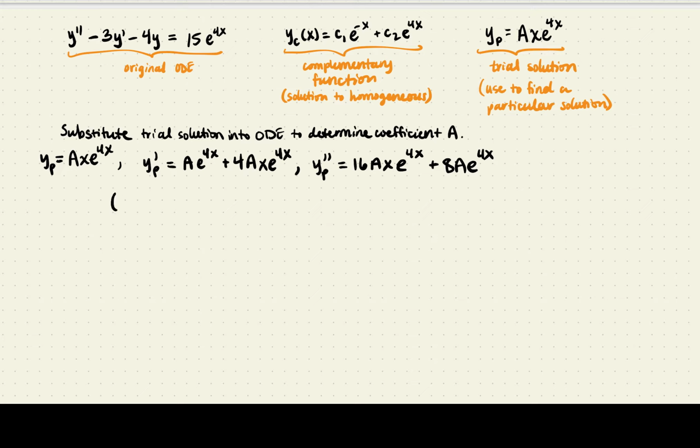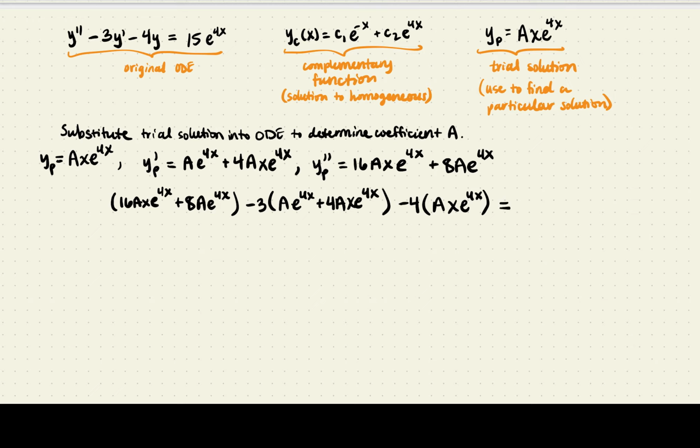So we've got y double prime is 16a x e to the 4x plus 8a e to the 4x, minus 3 times y prime, which is a e to the 4x plus 4a x e to the 4x, minus 4 times y sub p, so that's just a x e to the 4x.